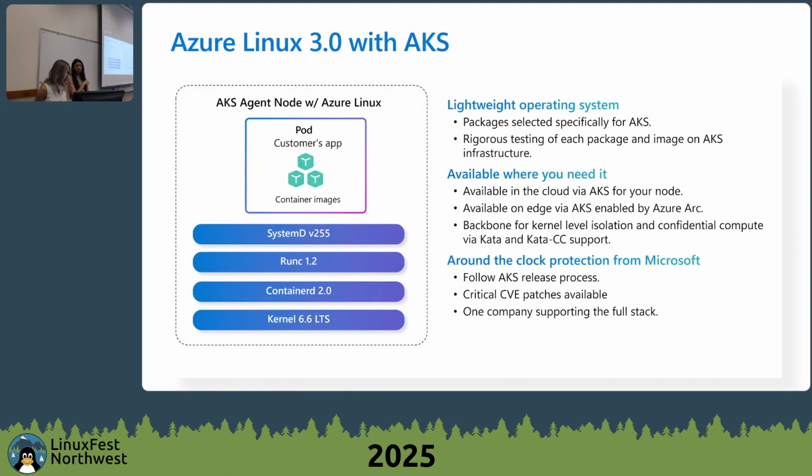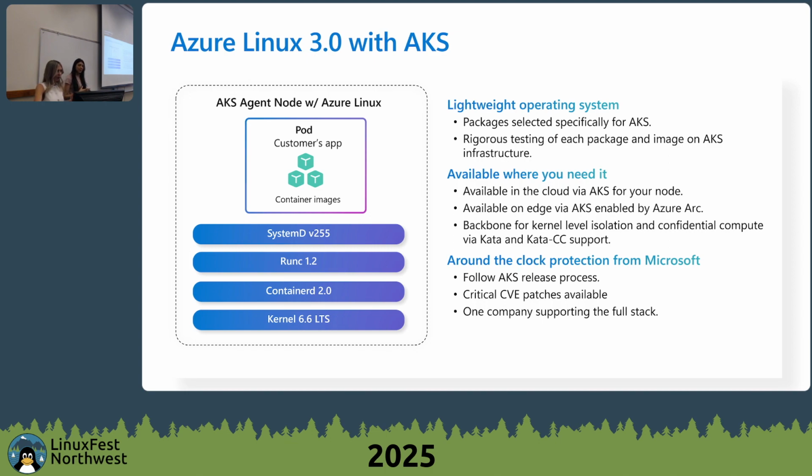For the container host image, we have made the decision to keep the footprint small by selecting a subset from our package repository of just about 500 packages that are necessary for running containerized workloads. And it's available for different scenarios. It's available in the cloud via Azure Kubernetes Service.